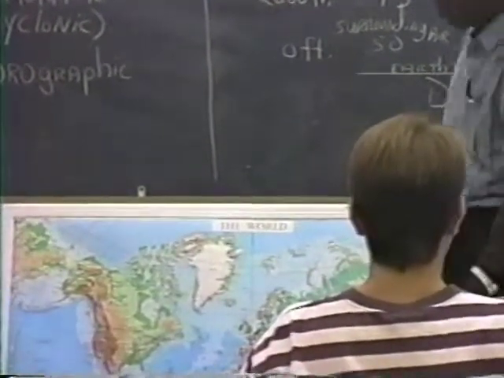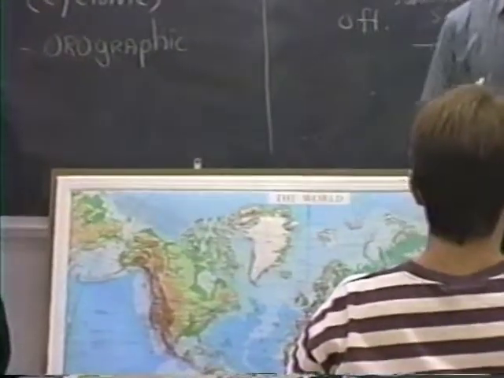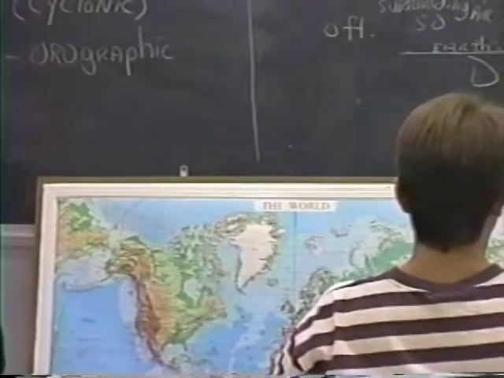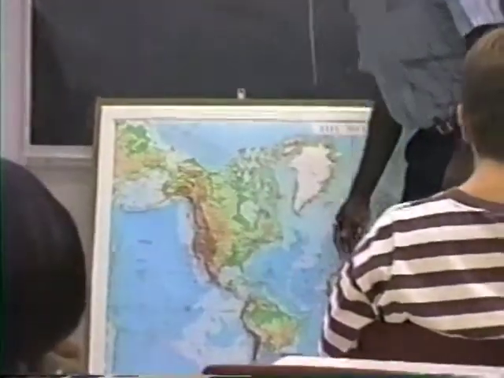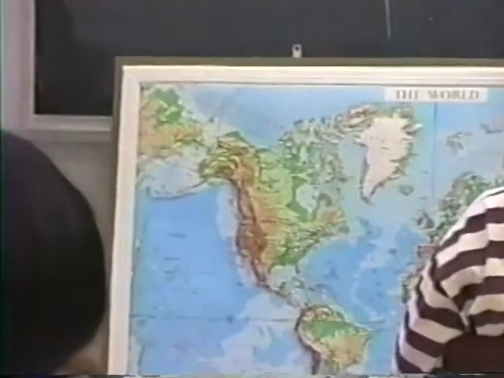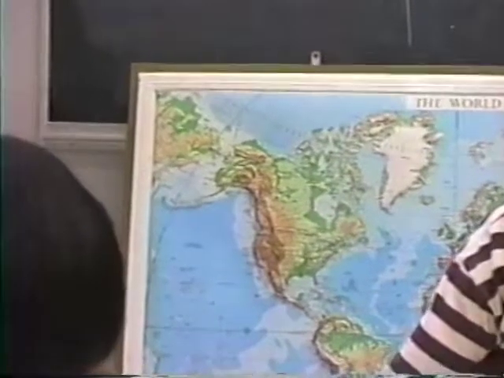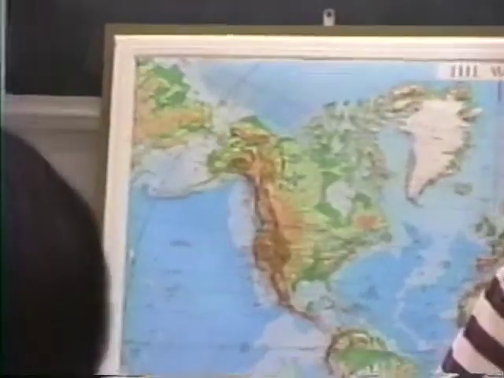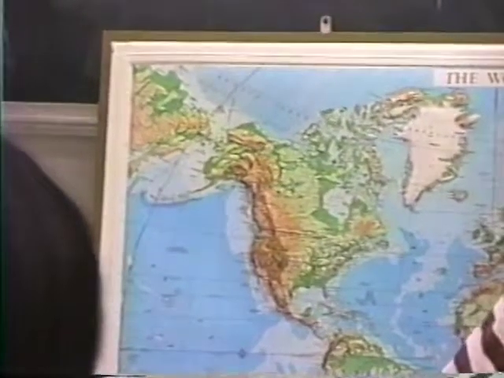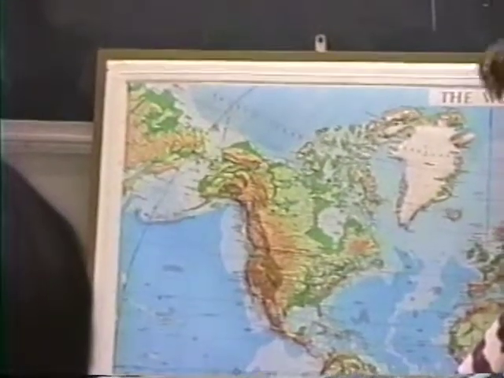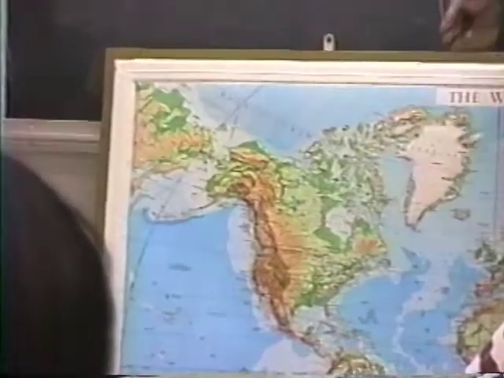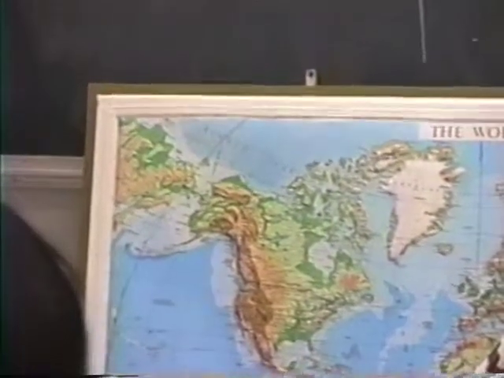But what happens, especially during the summer, when solar radiation is very direct, the land surface on the islands heats up very, very rapidly, and much more so than adjacent water areas in the surrounding Pacific. In other words, the air above the islands is much warmer than the air over the ocean.